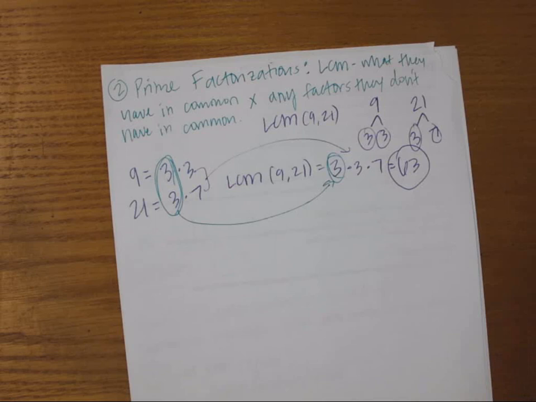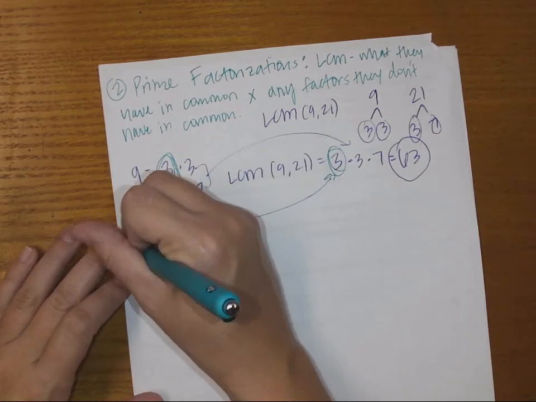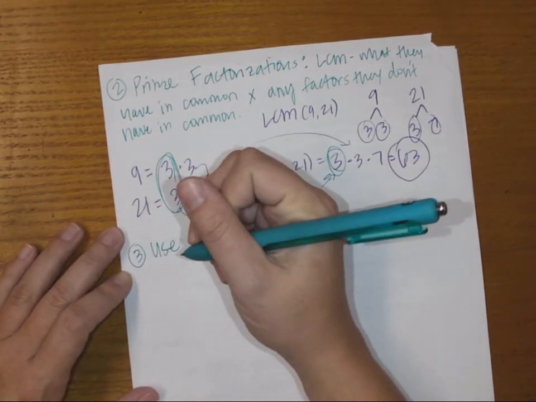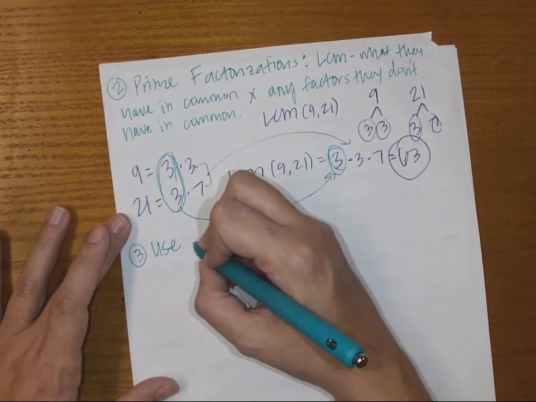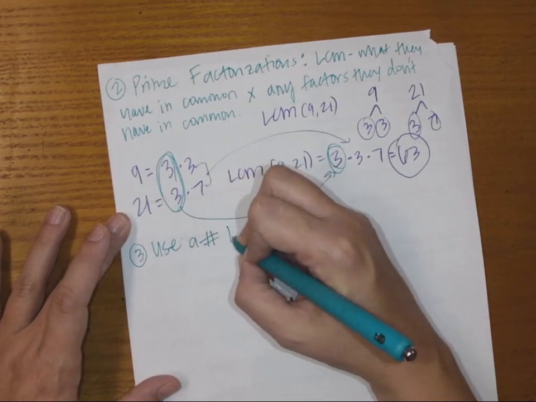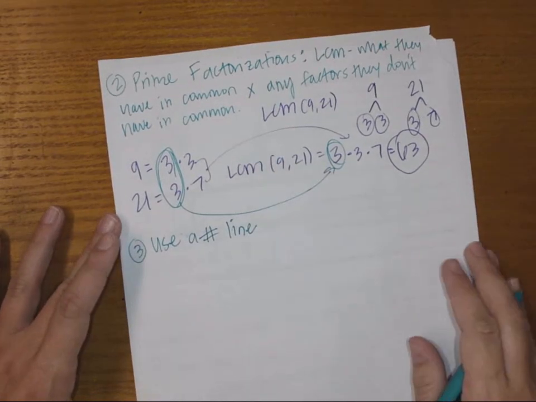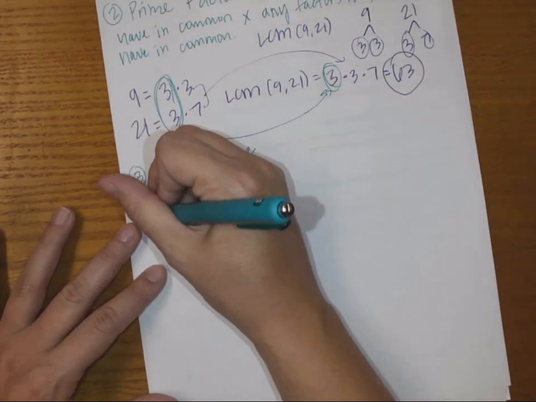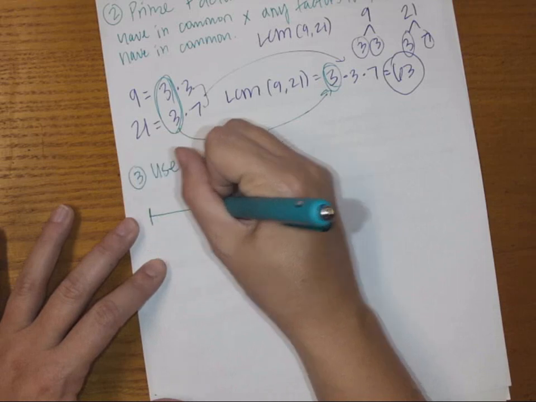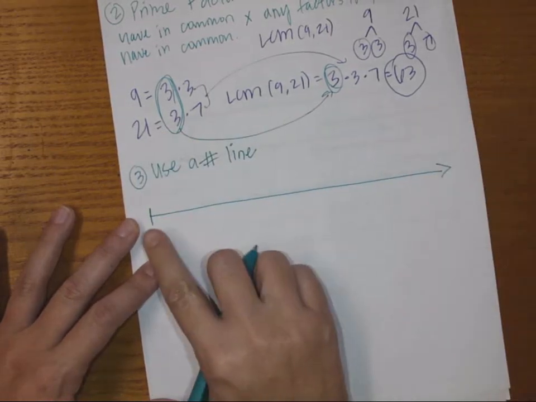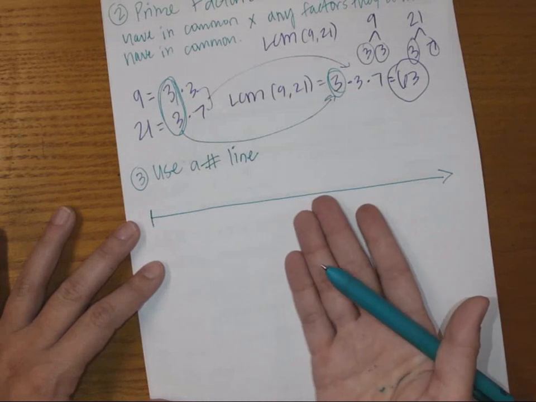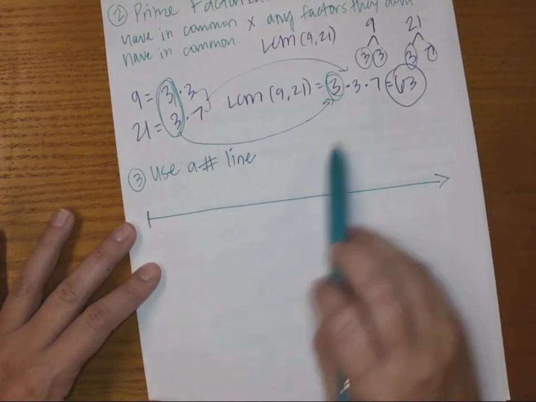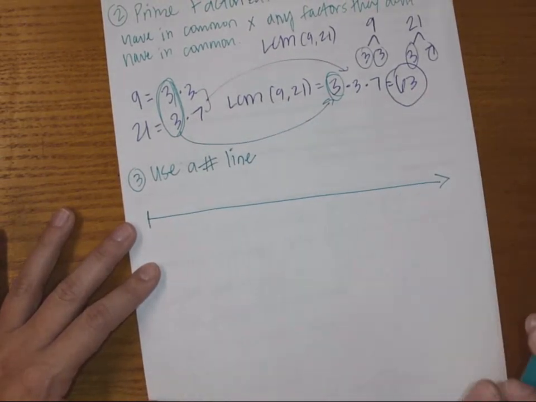The third way we talked about was using a number line. This is similar to the first, like doing the multiples. It's just like a picture of it. So I'm going to draw a number line for my factors. I don't want to list out 1, 2, 3, 4, 5, 6, 7, 8 because my least common multiple is 63, and I don't want to make my number line all the way up to 63.